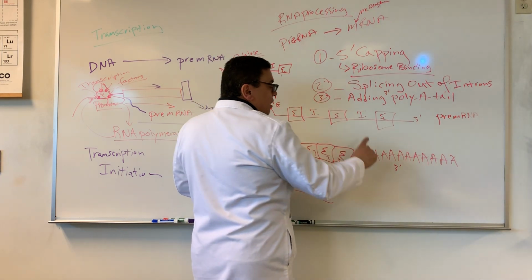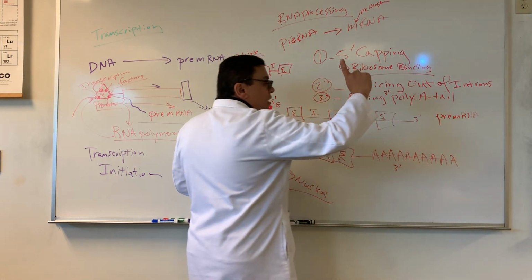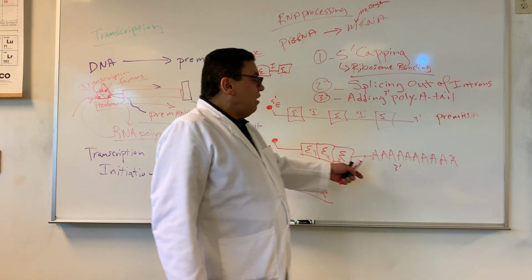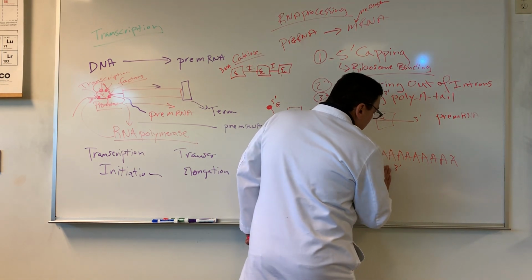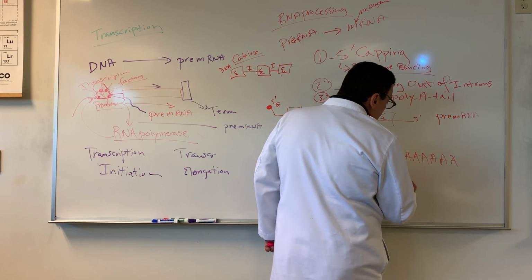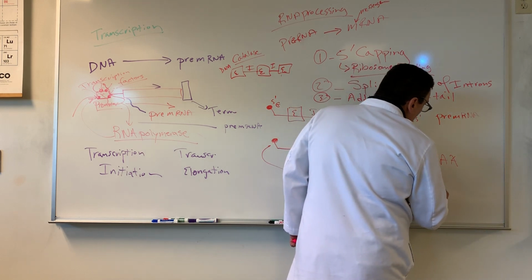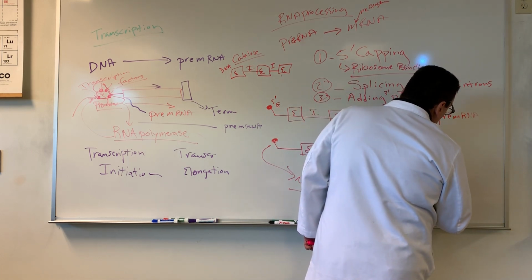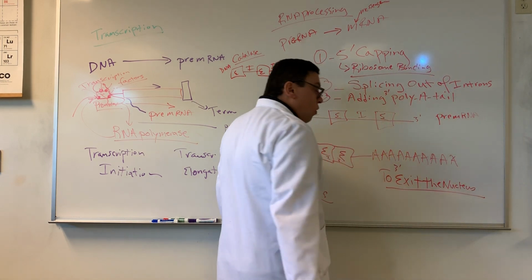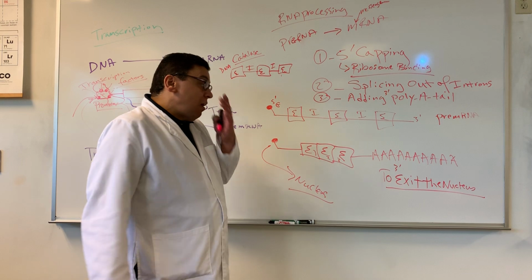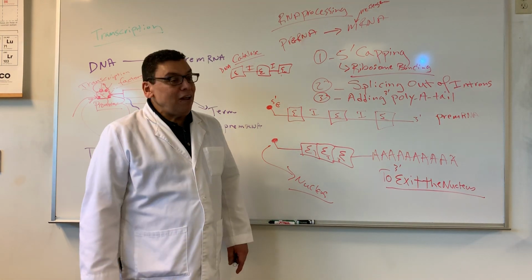Now watch this. You add the poly-A tail for another function. The poly-A tail allows the mRNA to leave or exit the nucleus. What happens if I don't add the poly-A tail? The mRNA will never leave the nucleus.